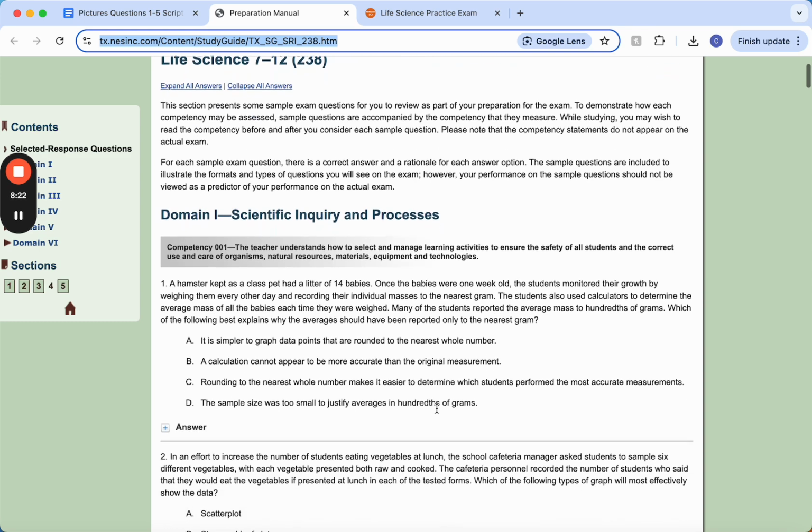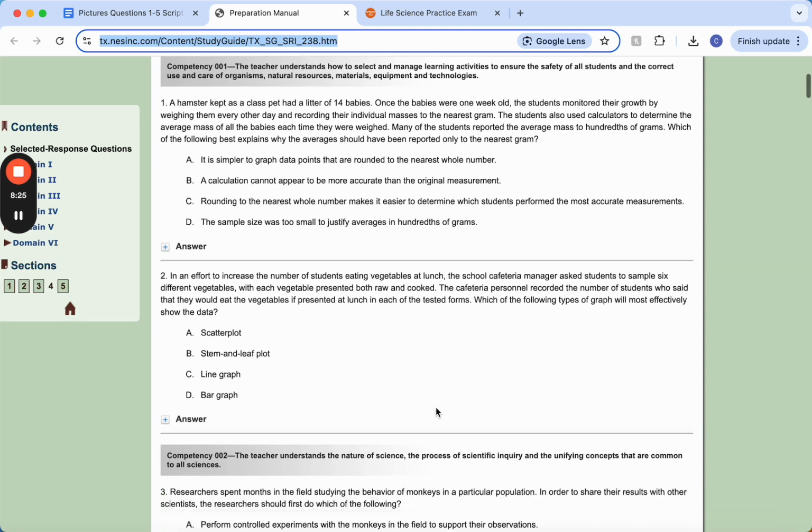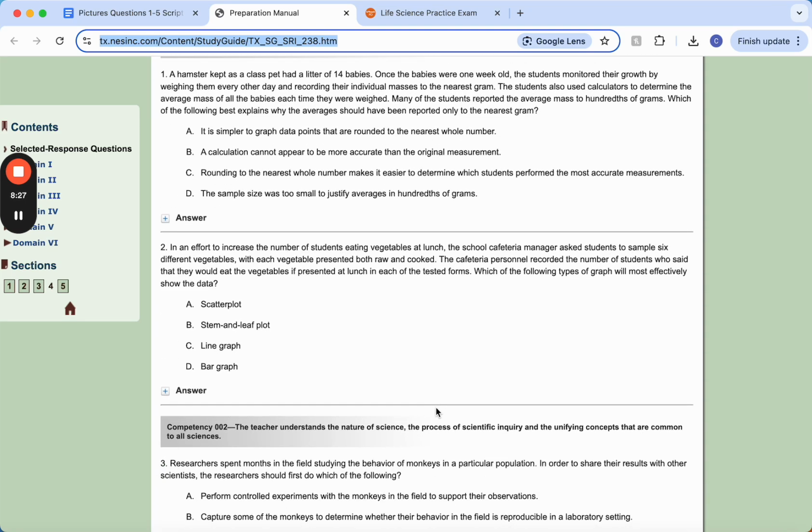All right, so let's move on now and look at question number 2. Question 2 says, in an effort to increase the number of students eating vegetables at lunch, the school cafeteria manager asked students to sample 6 different vegetables, with each vegetable presented in both raw and cooked.